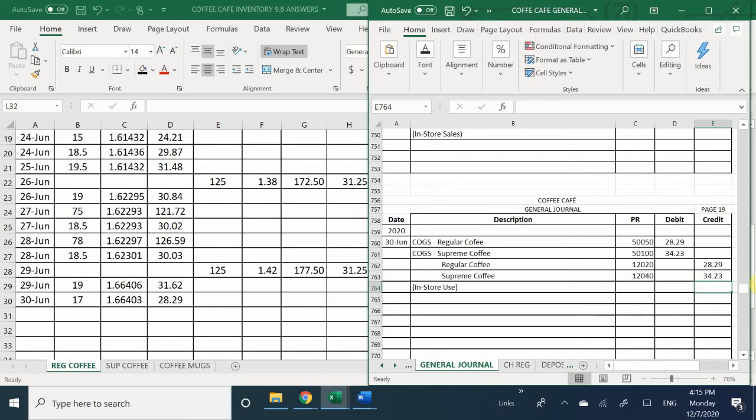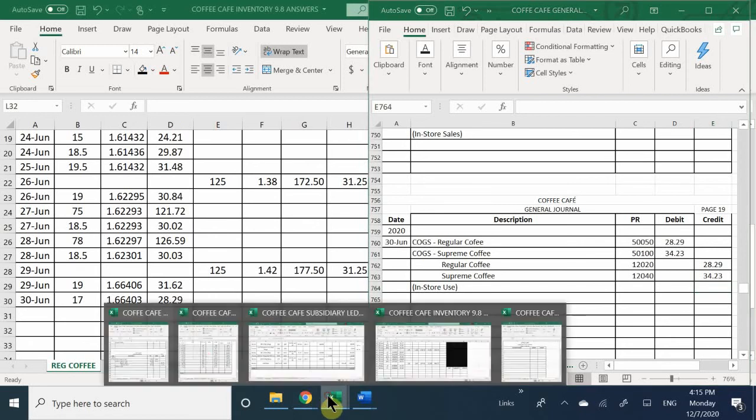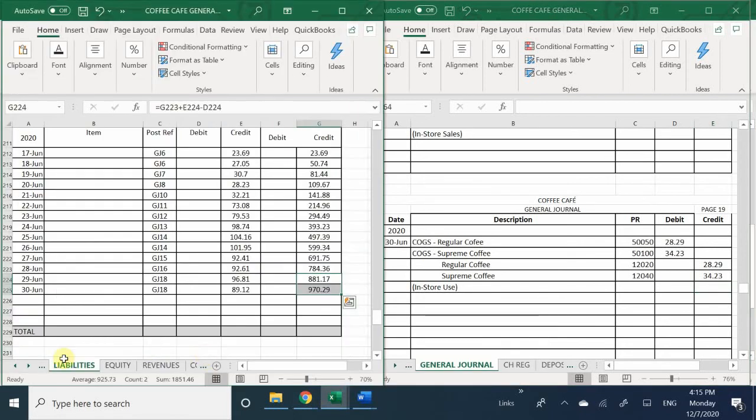Okay, got that stored out in use. All right. So we got that. So now we're going to go to the ledger.